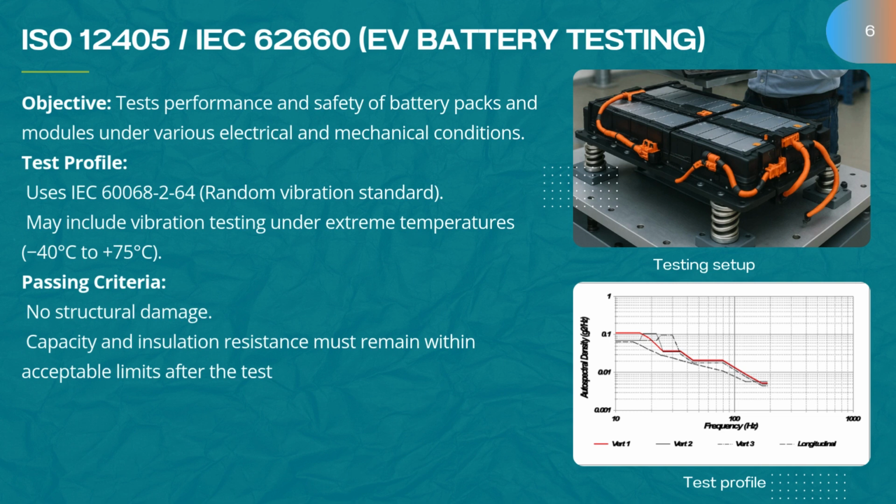What makes this unique is that it can also be tested under extreme temperatures, from negative 40 degrees Celsius to plus 75 degrees Celsius to simulate harsh environments. The battery must show no structural damage, and after the test, its capacity and insulation resistance should stay within acceptable limits. You can see the setup and random vibration test plot on the right.